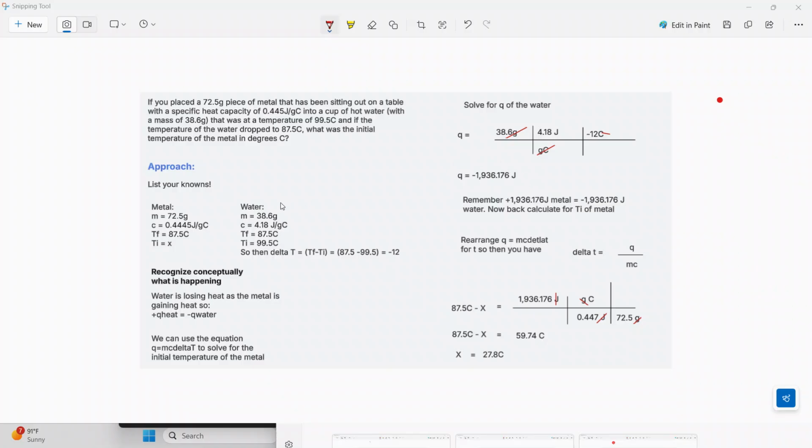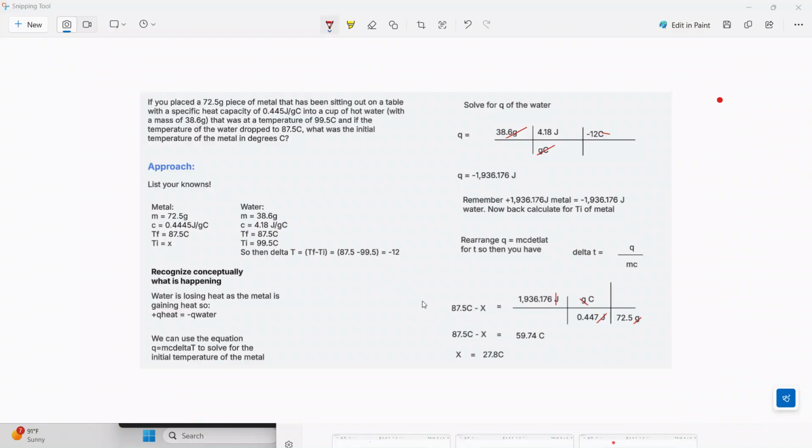Okay, now go back to this equation. The heat of the metal that was gained is equal to the heat lost by the water, and we determined the heat lost by the water was this value. So now we know that positive 1,936.176 joules was gained by the metal.